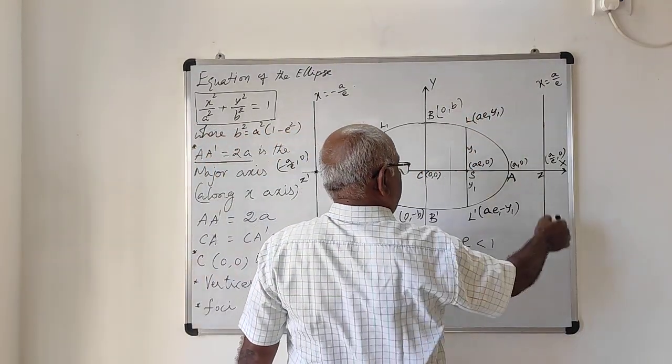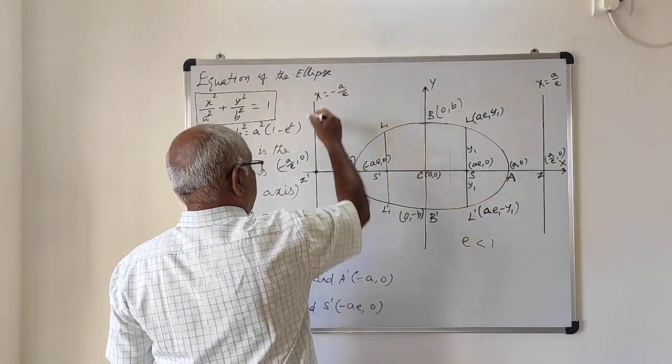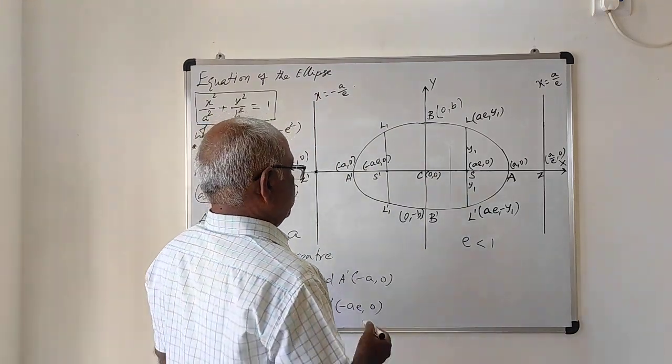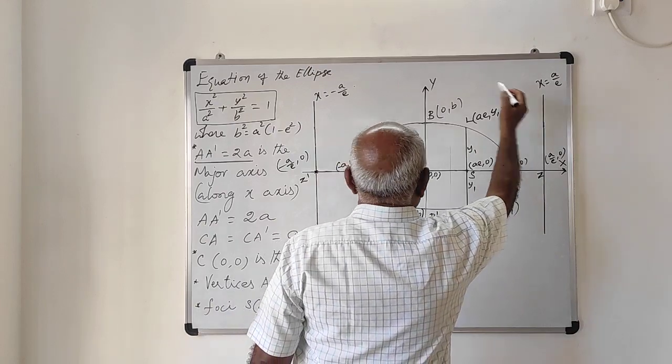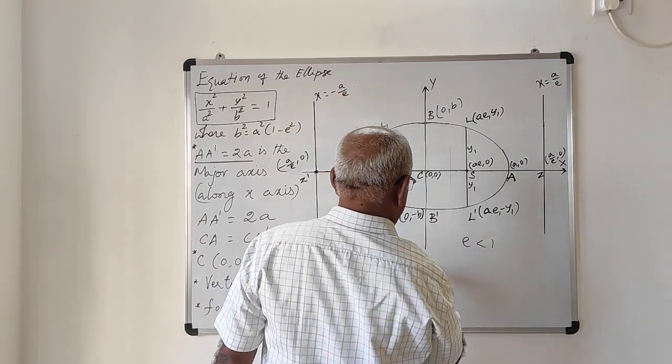x equal to a by e and x equal to minus a by e are the directrices. Equations of directrices: there are two directrices here, x equal to a by e and x equal to minus a by e.